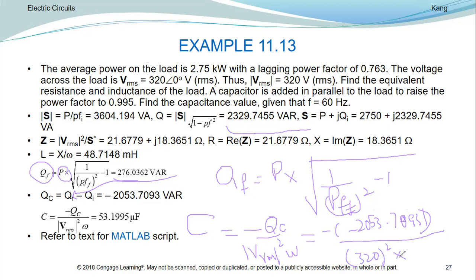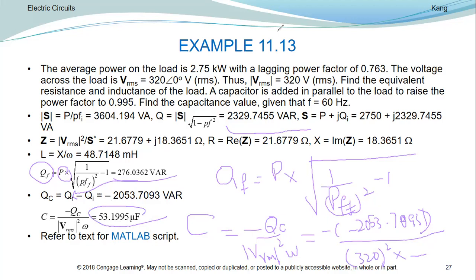What is the omega value? Omega value is given here, so you can put the value of omega here. So C value equals 53.1995 microfarad. You can also use MATLAB to find these parameters.